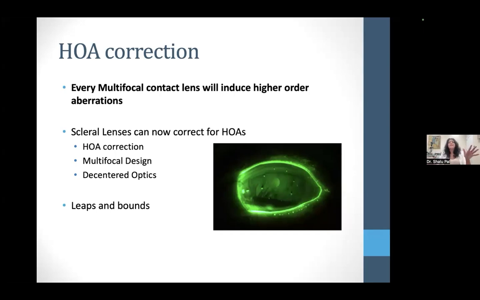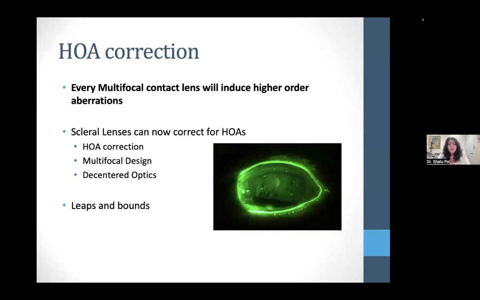She said, I don't think it's going to work. I said, please let me try. We put the decentered multifocal over that right eye, and now she's like, this works. What did you do differently? The thing is that I had induced so many aberrations by putting a multifocal on her eye that wasn't centered, and that's why she said, I just can't tolerate it.